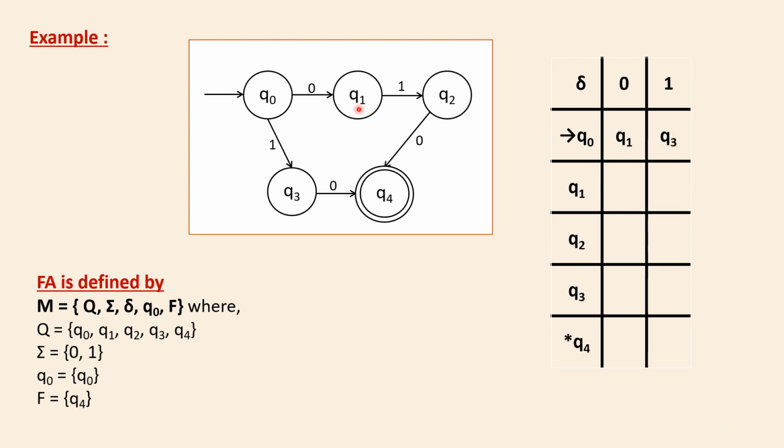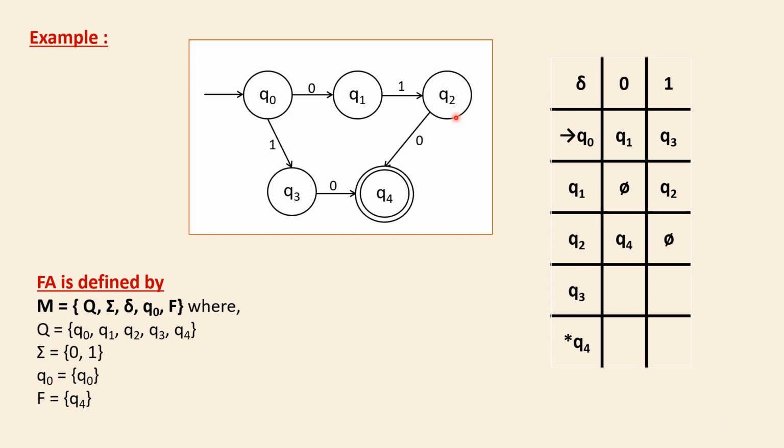Now let us see Q1 on input 1 moves to Q2. Q1 on input 0 has no transition. Now let us see from Q2. Q2 on input 0 moves to Q4.